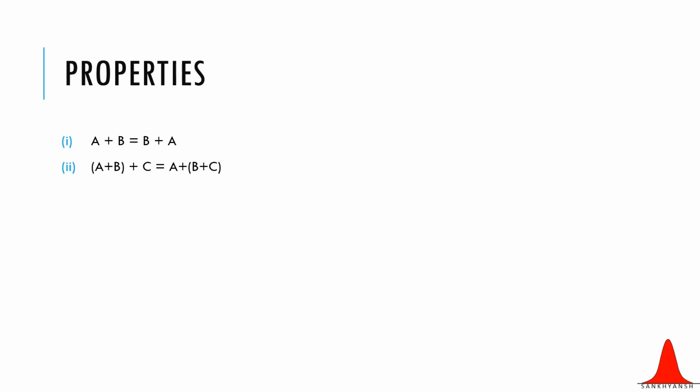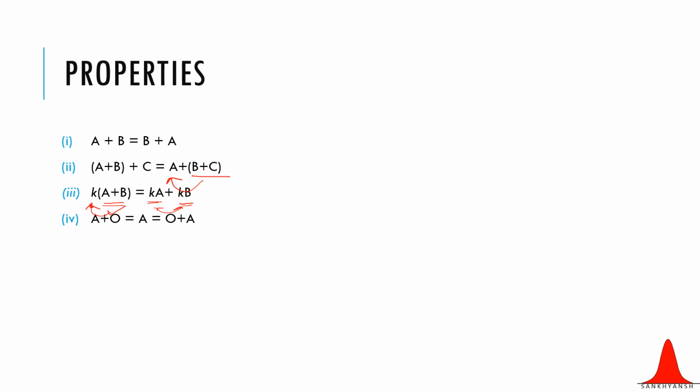Then A plus B plus C: first you add A plus B and then add the resultant matrix to C. It is the same as if you add B plus C first and then add the resultant to A. Then if you multiply a number k to A plus B, scalar multiplication, it is the same as if you multiply the number with matrix A separately and with matrix B separately and then add both of them.